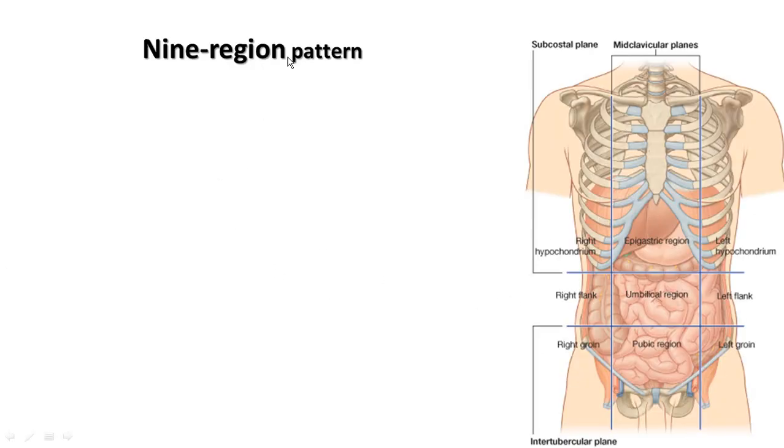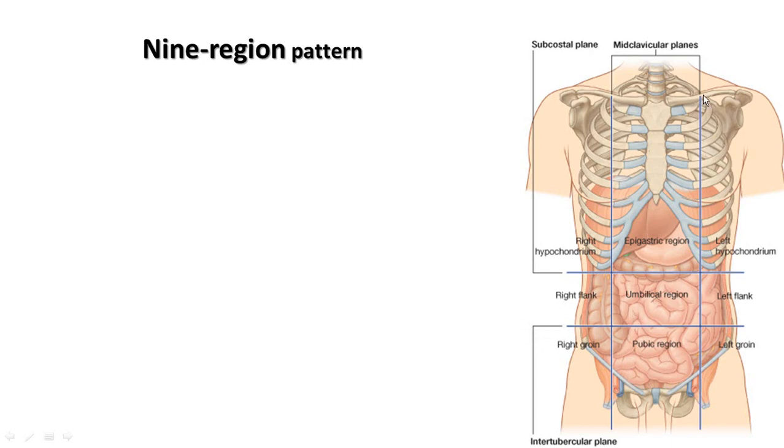And how about the nine region pattern? In this pattern, we have two vertical planes and two horizontal planes.